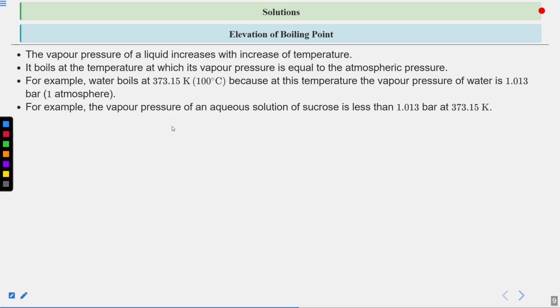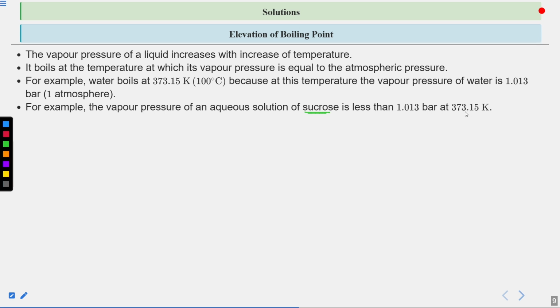Okay. So when we add a solute which is non-volatile in nature, like sucrose, then what happens to the boiling point? It increases. It is increasing because now there are fewer particles capable of going into the vapor phase, as the surface is also covered by the sucrose particles.